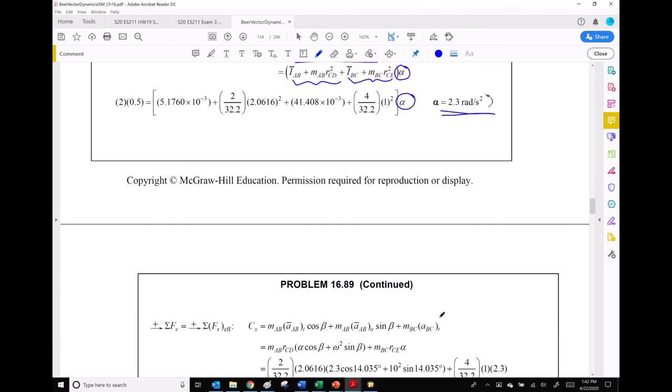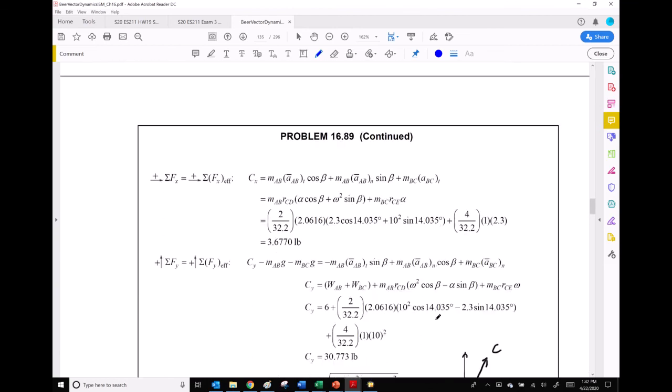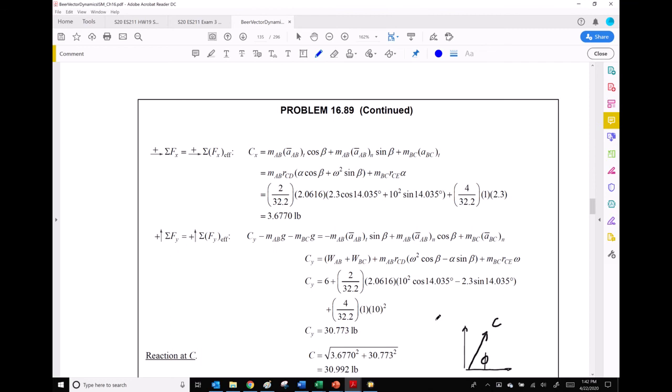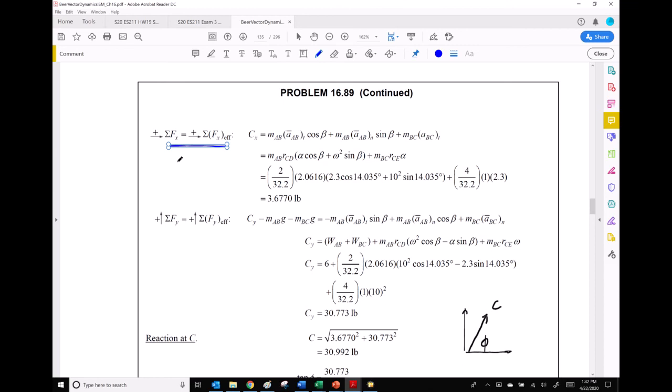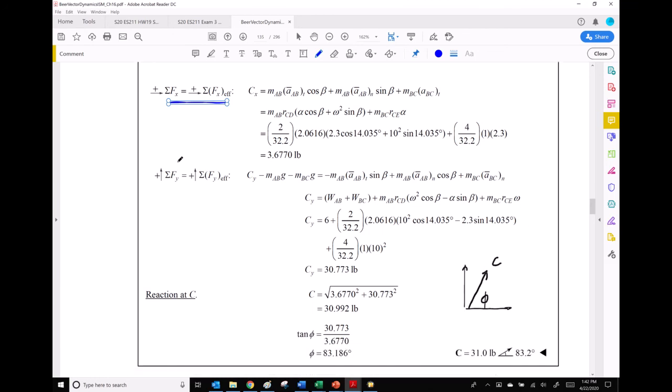And then they're using the same nomenclature here, where in the x direction they have the effective, and they got the same thing as me, yes, 3.677, and then in the y direction we get 30.773. And they did all of the same things. So you'll see that we get the same answer.